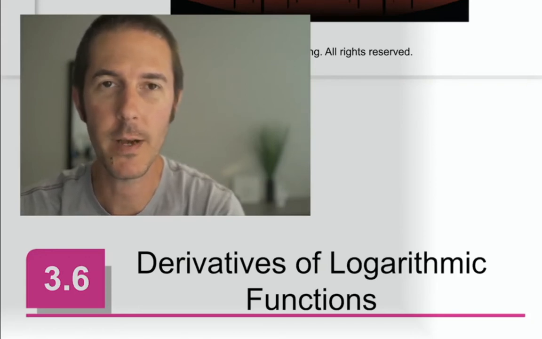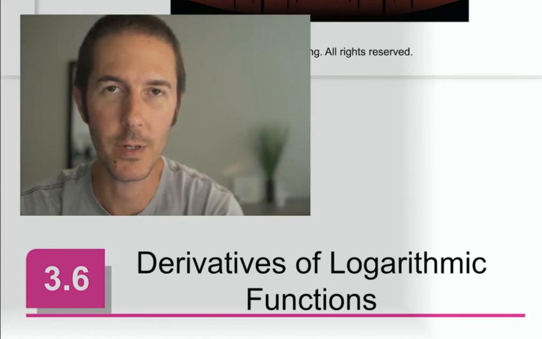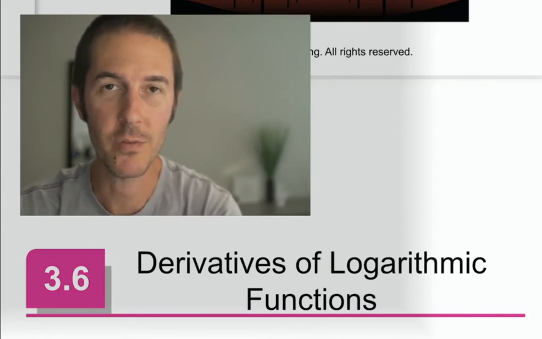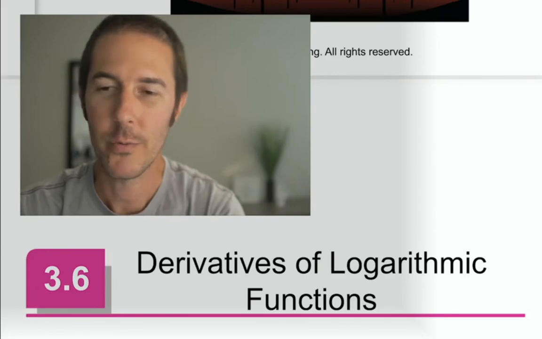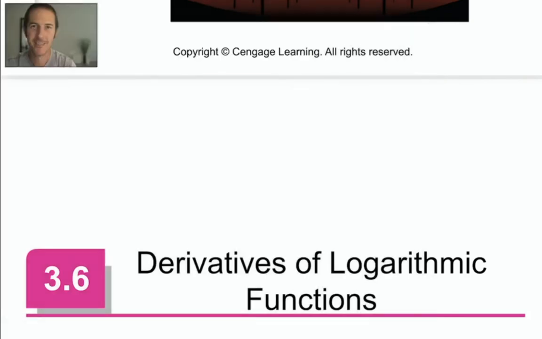But I think we're going to find it considerably easier if we take the natural log of both sides of the equation, use some of our properties of logarithms to expand the complicated side of the equation, and then apply our logarithmic differential rules. Let's just go have a look at it.